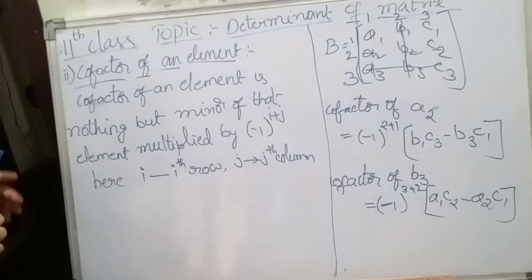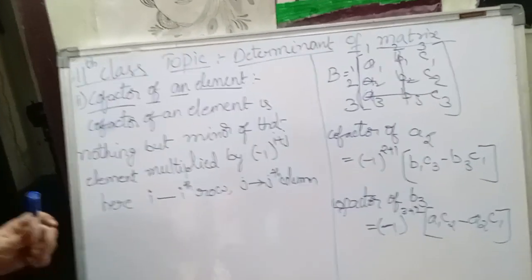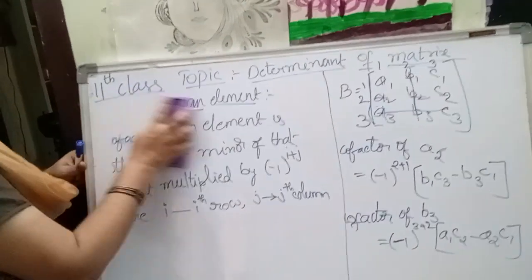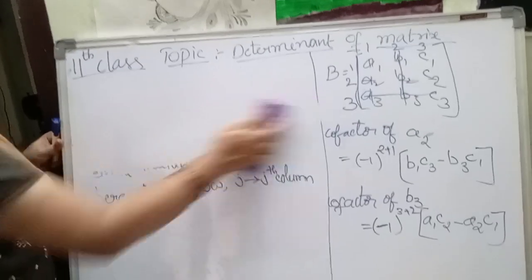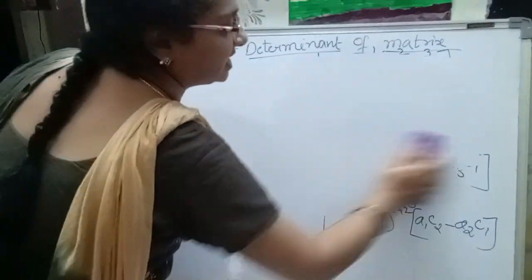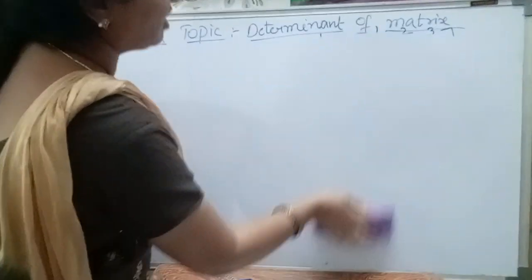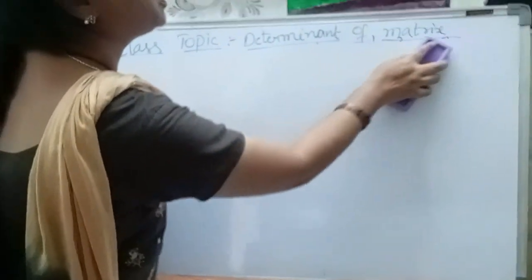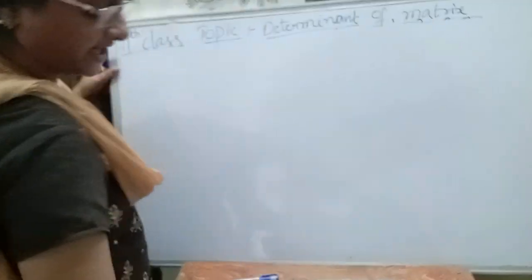Like this we find the cofactor of an element. These are the basic things you must do before finding the determinant of a matrix.